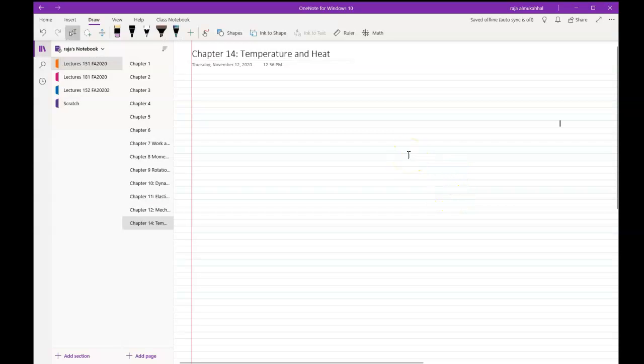And as you all know, there are 2 famous temperature scales. One is called the Fahrenheit, and the other one is called the Celsius. And you're probably familiar with the equations, so let's go into them.